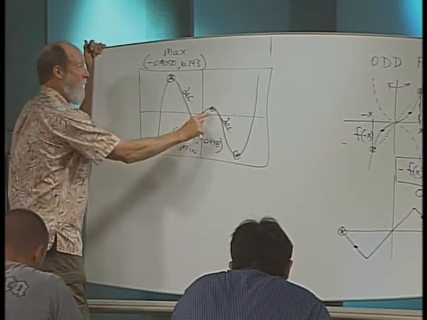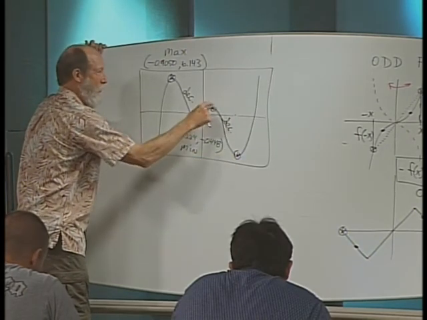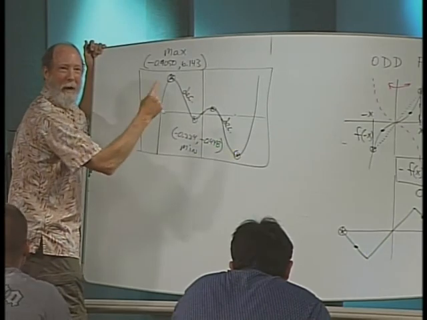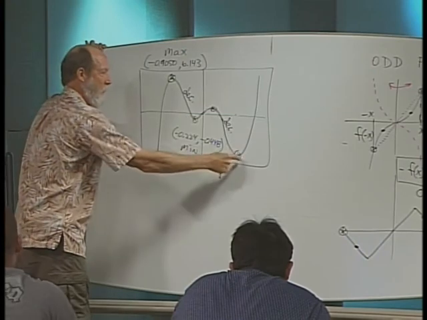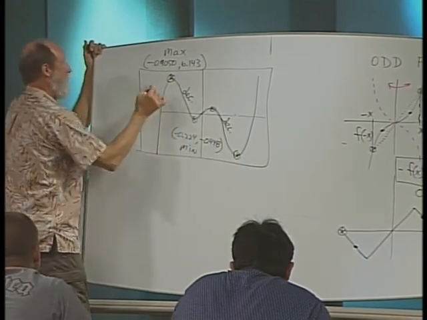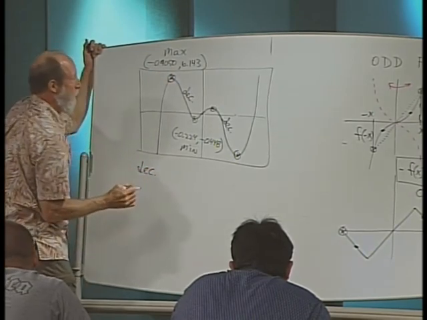And do you need your calculator, folks, to do these others over here? No, because you know the symmetry of the function. Do you see how handy that symmetry is? You don't need to use that calculator to find this little peak and that valley because those are mirrored points of these.